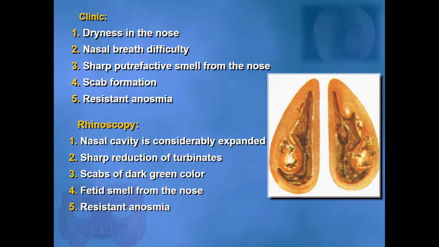Here you can see the picture of ozena. The patient can complain of dryness in the nose, nasal breathing difficulty, sharp, putrid smell from the nose, crust formation, and resistant anosmia.